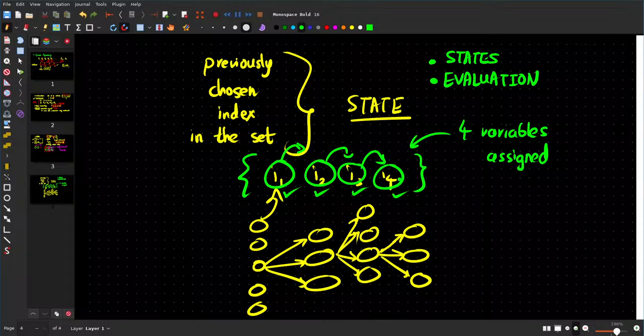So once we have assigned the values for all of them, that means we have found one quadruplet.